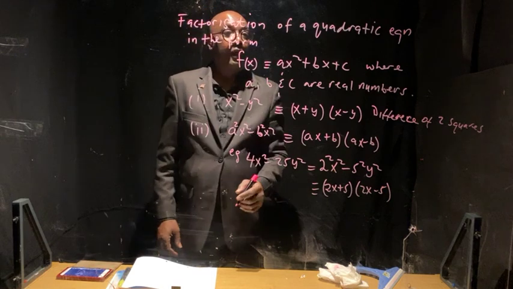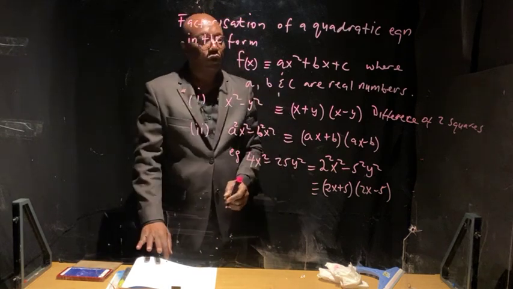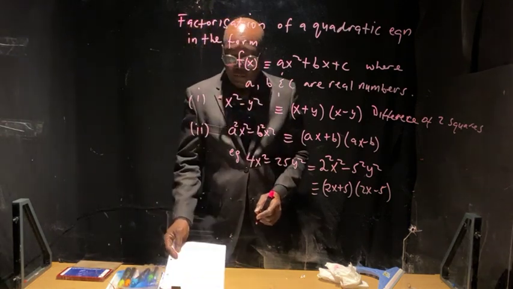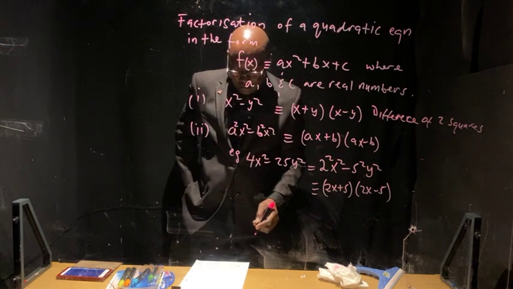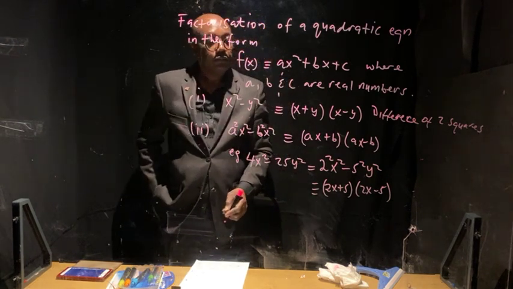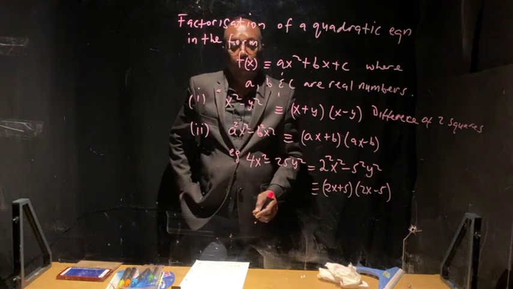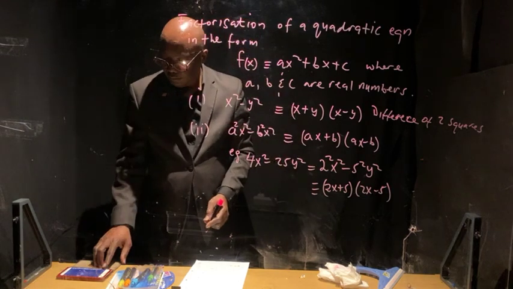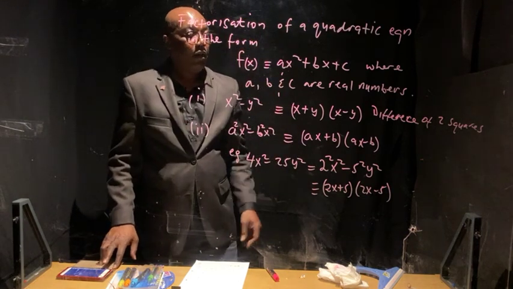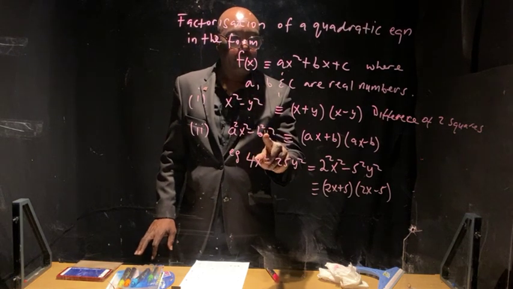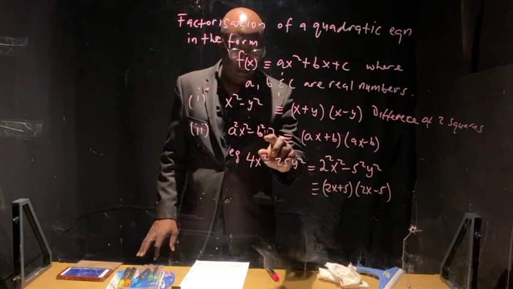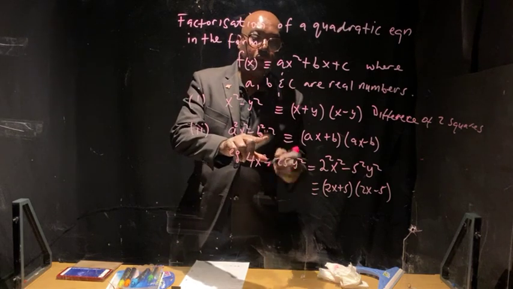Okay. Then take your time to copy as we prepare ourselves for the next question and analysis. I think I made a little mistake over here. Let me put here y.